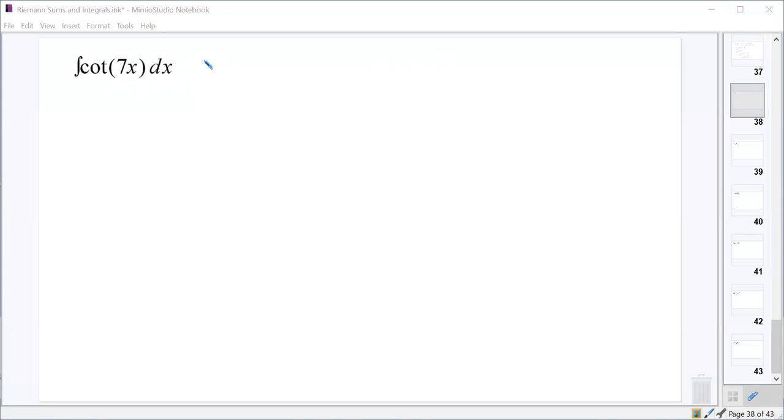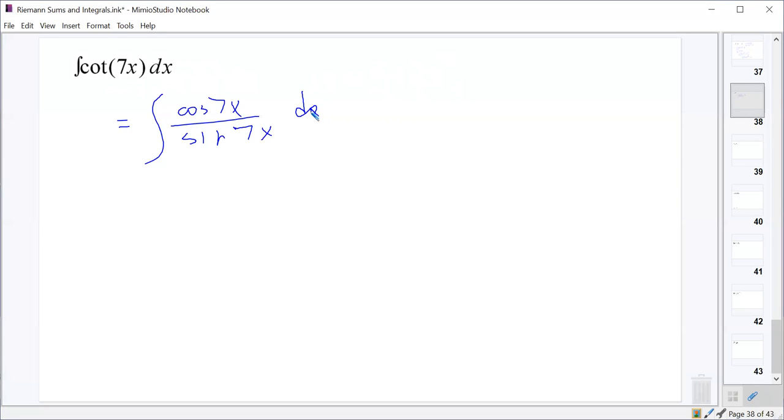Because you know how to straight up integrate your cotangent, unless you memorized the rule from what we proved last year, maybe. But yeah, what I'm going to do is rewrite this as the integral of cosine of 7x over sine of 7x dx.